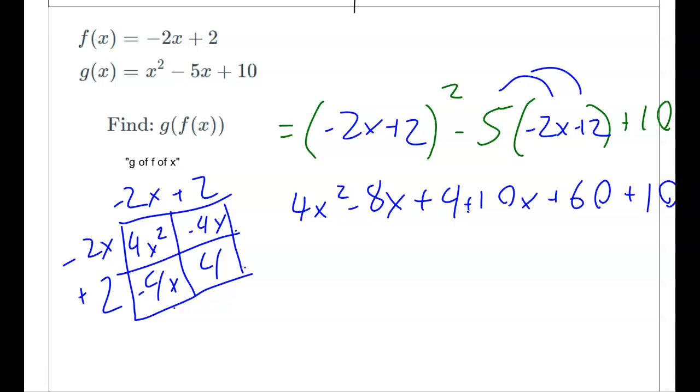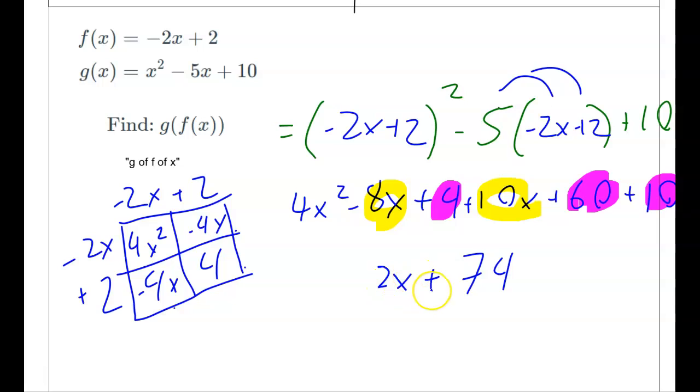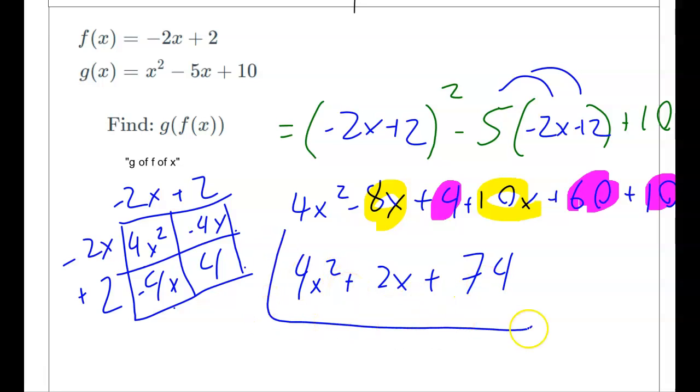And then I just combine my like terms. Altogether I have 74 as my constants, so 4 plus 60 plus 10. And then my x's go together. I have 2x plus 74, and then 4x squared is just shown. Okay, so that is my result, and that is g of f of x.